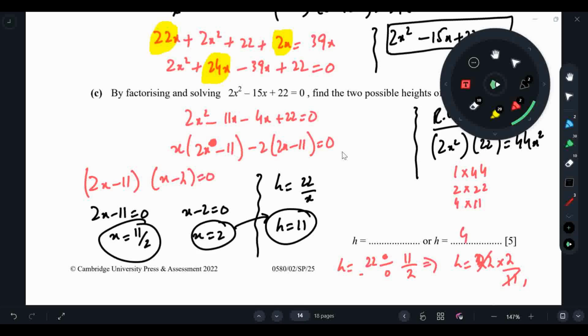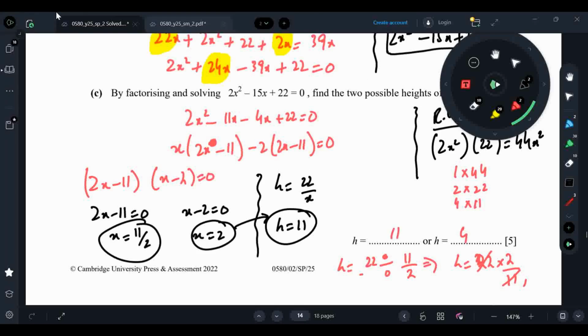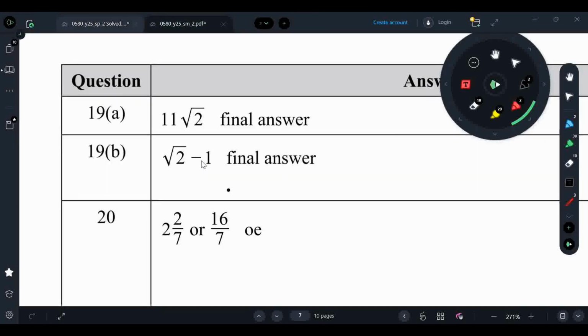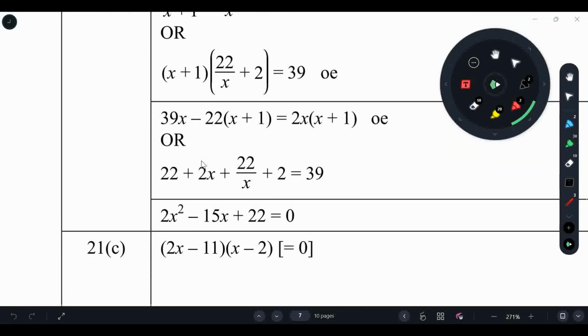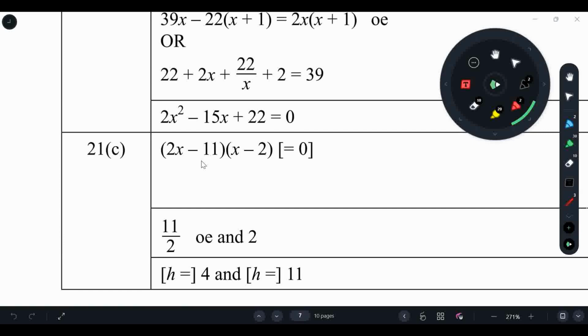So our final answer will be 4 and 11. This will be the final answer. Let's see the answers. 11 and 4. I hope that the concept is clear.